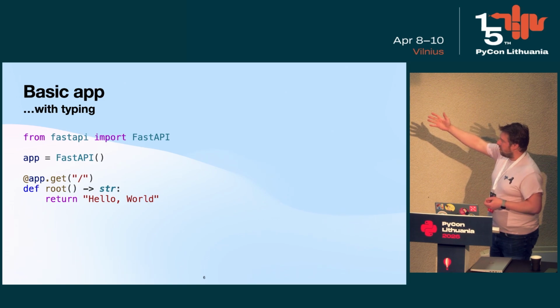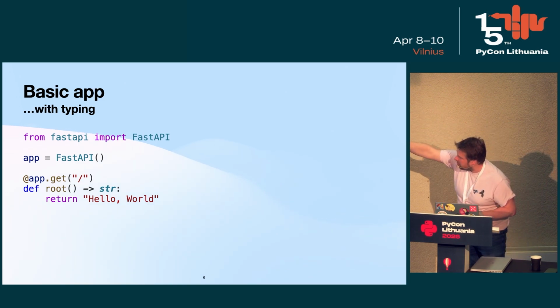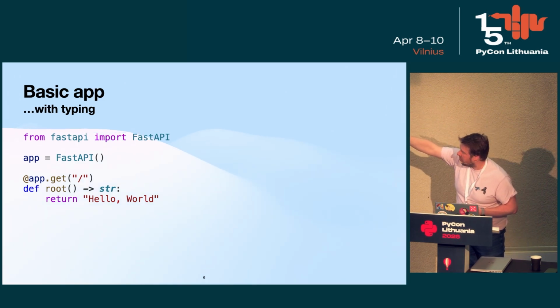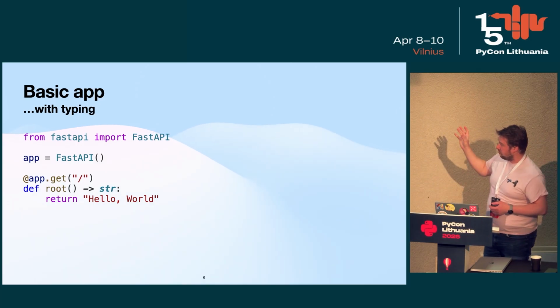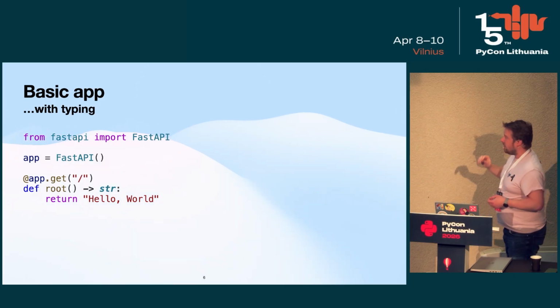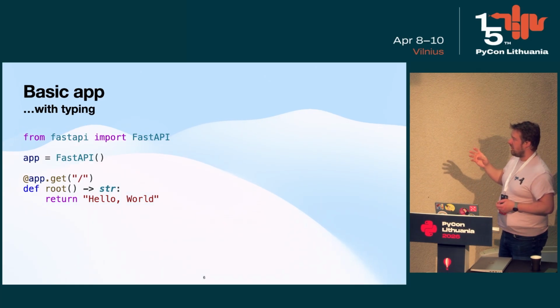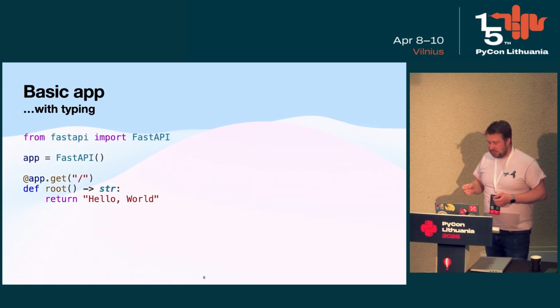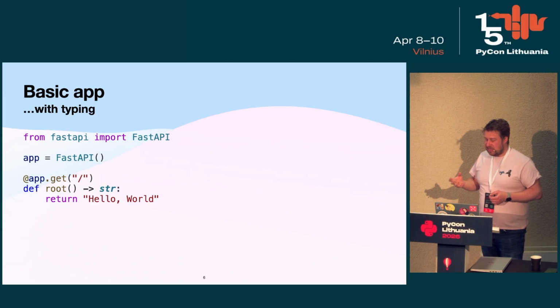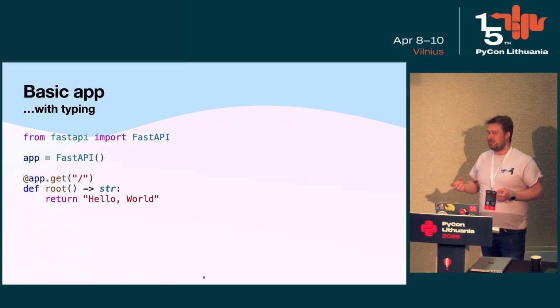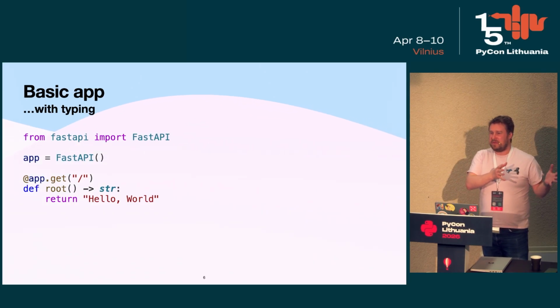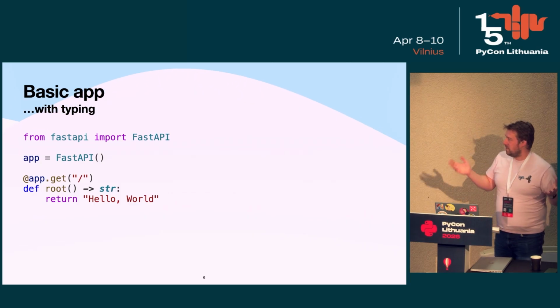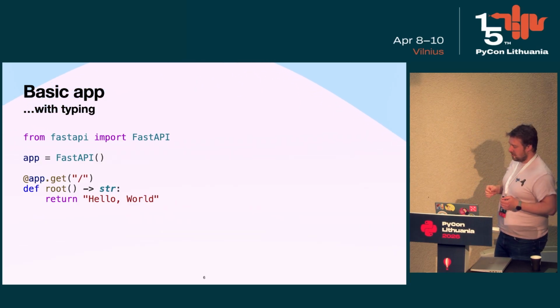So this is our basic app again, but we've added a little type hint on here, just to say that this returns a string. So the first thing that struck me about FastAPI was the use of types. And it was the first place that I'd actually seen types being used for something other than just that kind of linting step that you're able to turn off when things get too difficult.